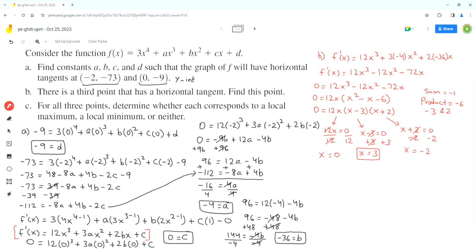Now we can find the function value at x equals 3. So for that we can sub in x as 3 in the given function.